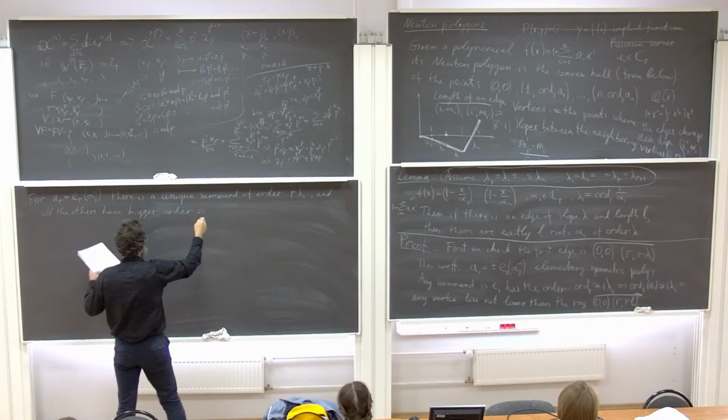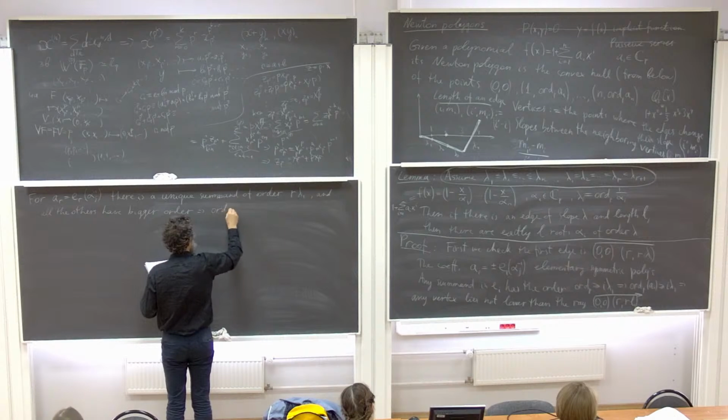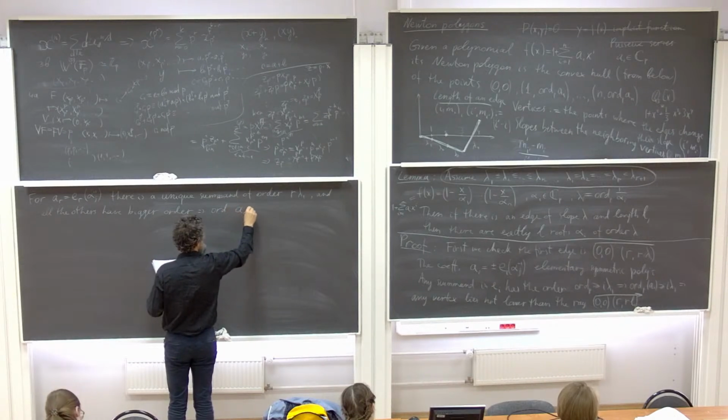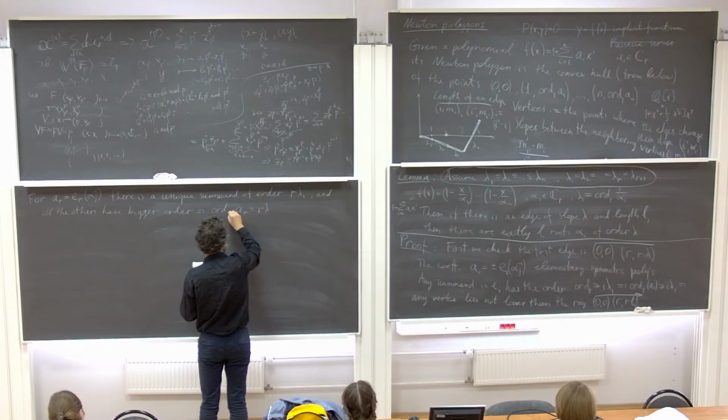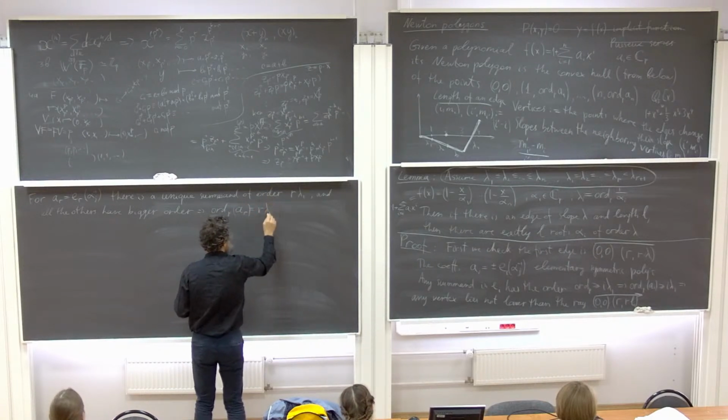Hence, by the triangle inequality, the order of A_r is exactly r lambda 1.